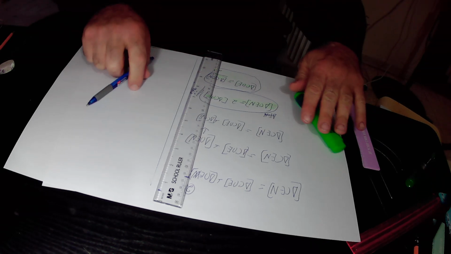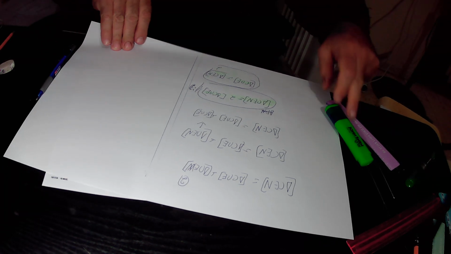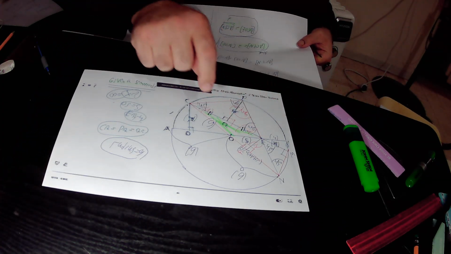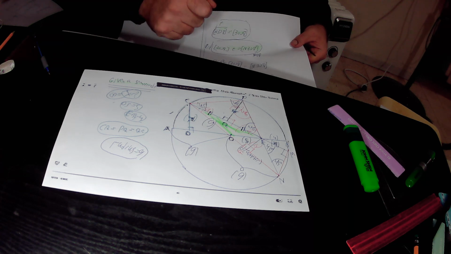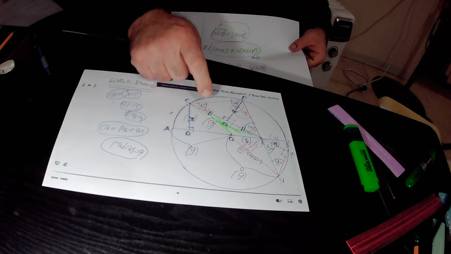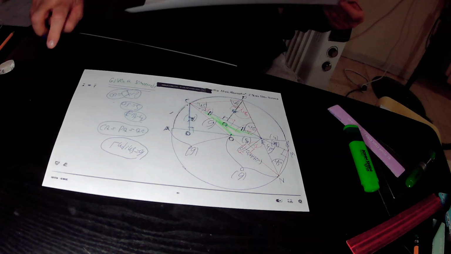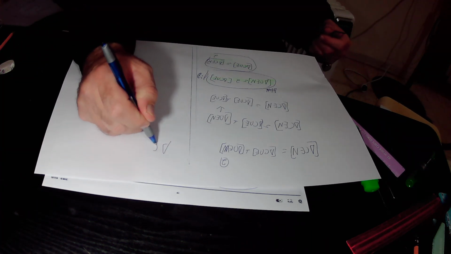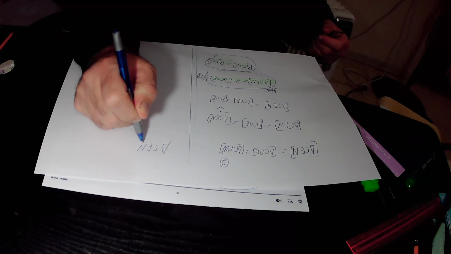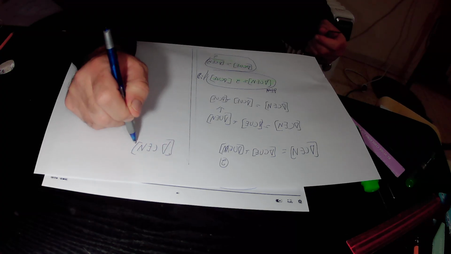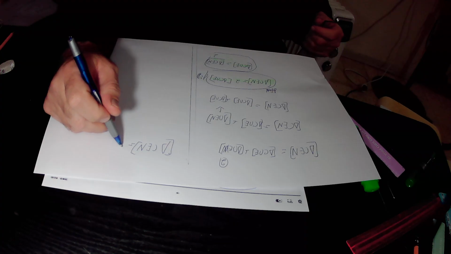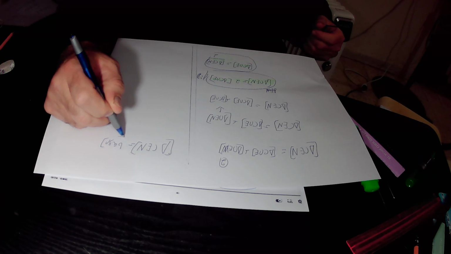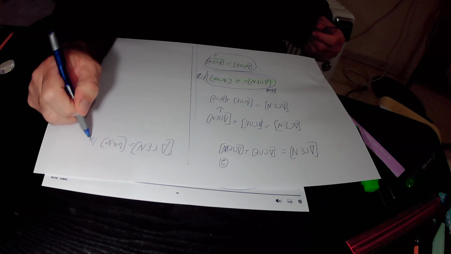Repeat again: we will calculate the area of this big triangle CEN according to this rule. So the area of the big triangle CEN equals the base of the triangle times the height over 2.